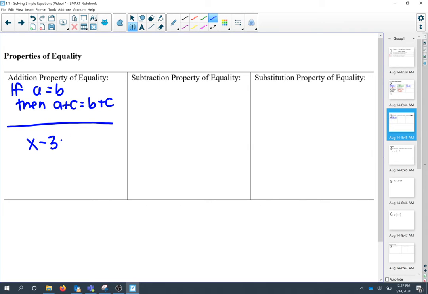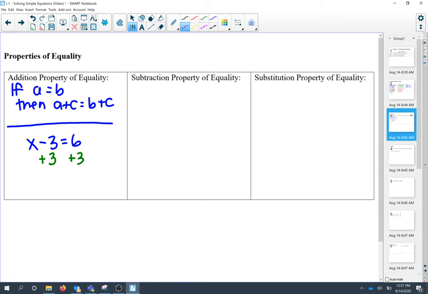x minus 3 equals 6. If you are going to solve that, you're going to use the addition property of equality, and you're going to say, okay, well, minus 3, I'm going to use an inverse operation, and I'm going to do the opposite, and I'm going to add 3. Right there is the addition property of equality. You are adding 3 to both sides of the equation, so you're keeping both sides of the equation equal.